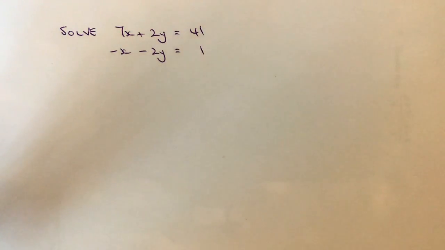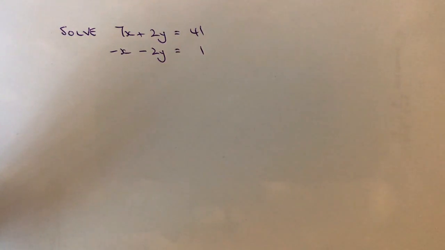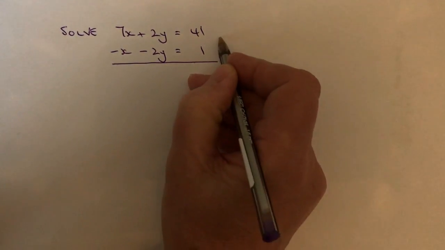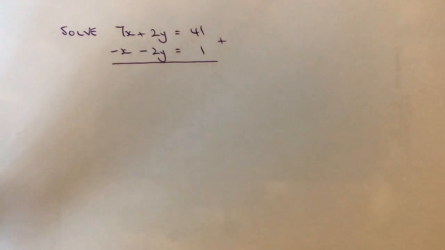So the way that we deal with these types of equations is to decide whether we're going to add or subtract the equations, and sometimes we need to manipulate them. If you have a look in other playlists, that will show you how to do that. But in this particular one, it's fairly straightforward if we just simply add the two together. So we'll go through it step by step.